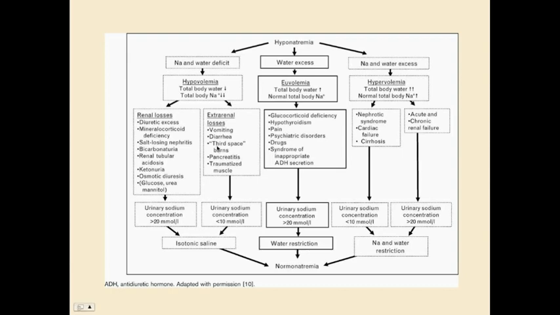You'll treat them with fluid replacement and then 3% NaCl. But we try to avoid the 3% NaCl if we can. And in SIADH, it's very rarely needed. So in this case, we'll need water restriction. That's it. But you will need to admit the patient to keep an eye on those sodium values.